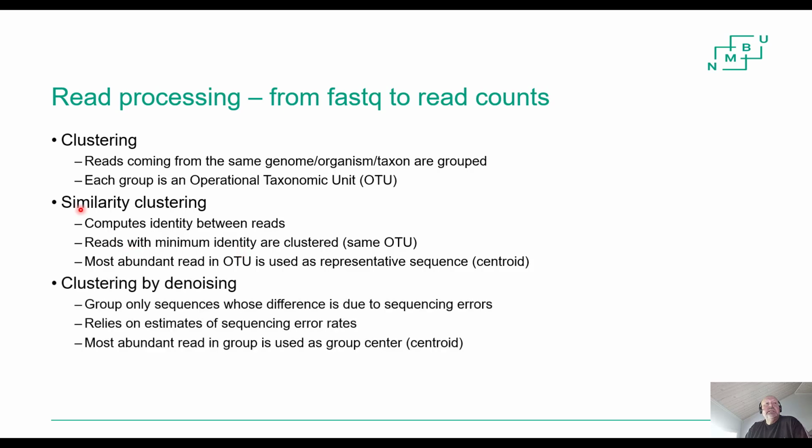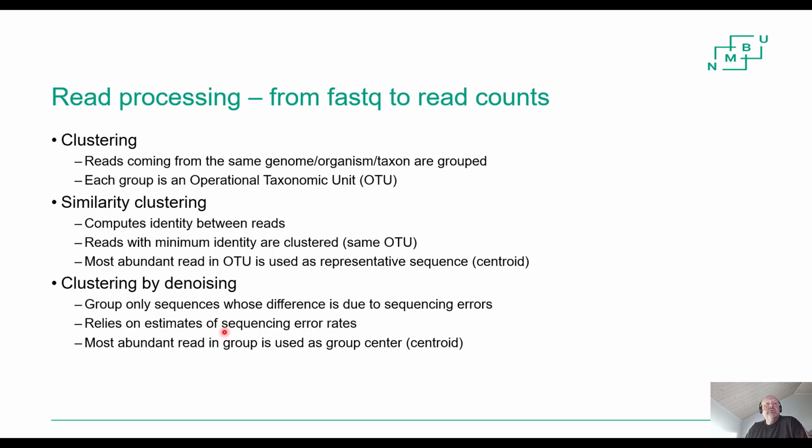We can also do this in a different way, clustering by denoising. And what's the idea here? Well, we say that we group only sequences whose difference is due to sequencing errors. So we don't really look at similarity, at least not only at similarity, we will see. It relies on estimates of sequencing error rates.